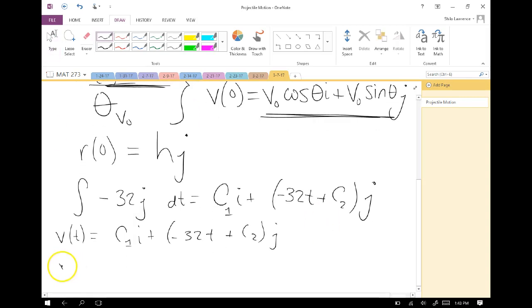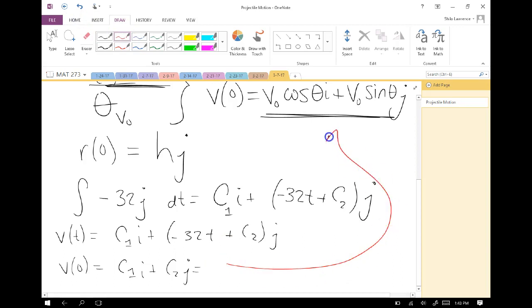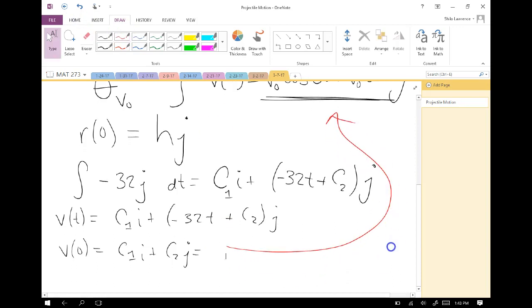So if we plug 0 into ours for the t's, that just leaves C1 i plus C2 j. And when we compare it to this, we get that C1 is v sub 0 cosine theta, and C2 is v sub 0 sine theta.